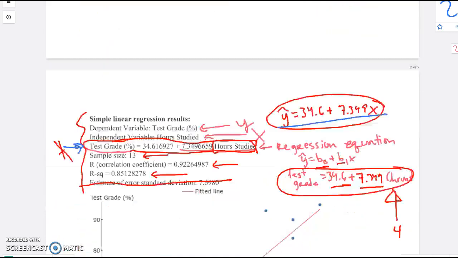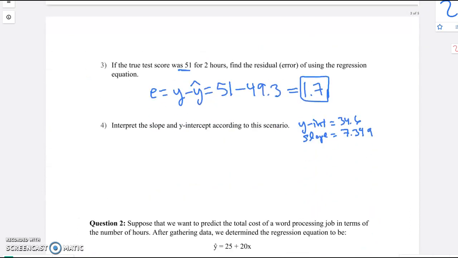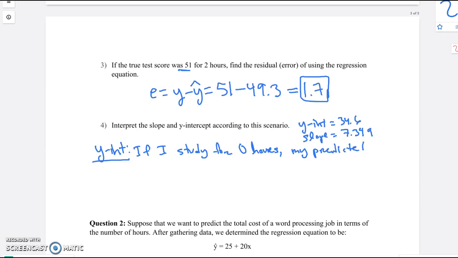So the y-intercept is pretty easy to identify. For the y-intercept, what this is telling us is that when x is equal to 0, in this case, what is our x? Our x is the hours. So if I study for 0 hours, my predicted test score is what?